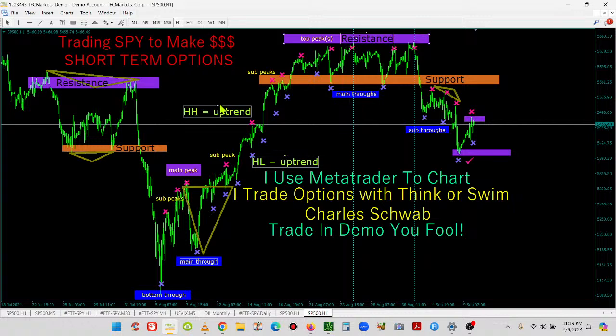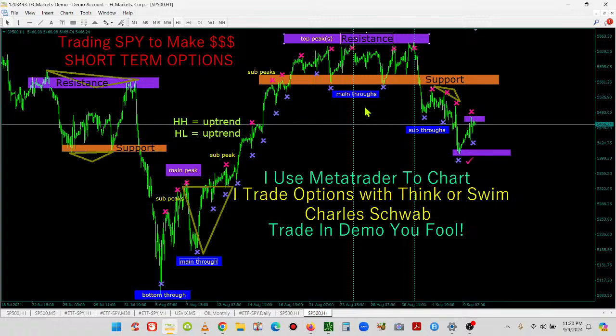But they're on different sides. So higher highs, higher lows, uptrend. HH equals higher high, HL equals higher low. They both equal uptrend.